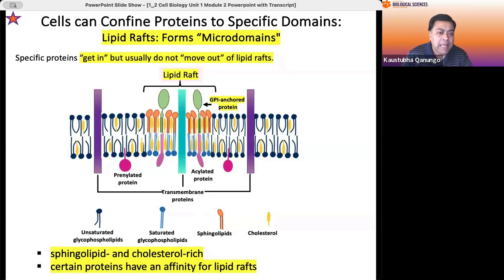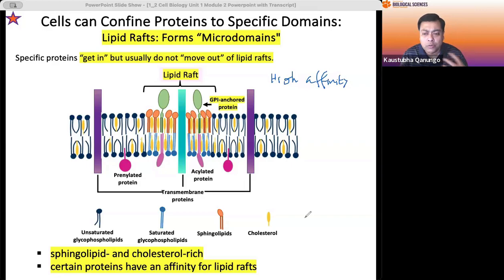If we look at that, the first thing to know is which proteins have a high affinity for the lipid rafts. That is your number one. They have a high affinity for lipid rafts, so that when they are formed, they are sent onto the membrane. Remember that all these membrane proteins we are going to learn in the next chapter. These are all formed in the cell, in the endoplasmic reticulum, modified in the Golgi, loaded onto vesicles, and transported onto the membrane.